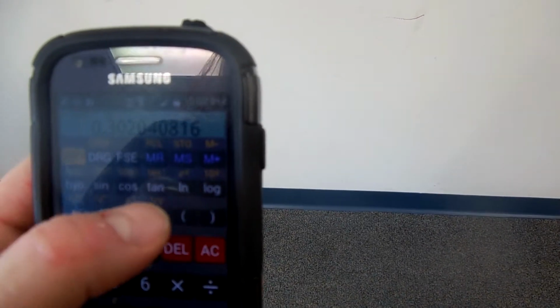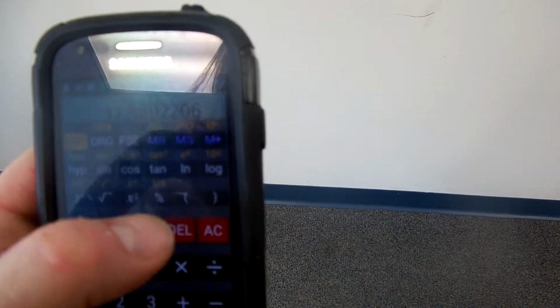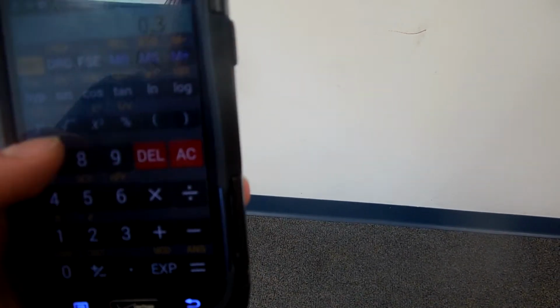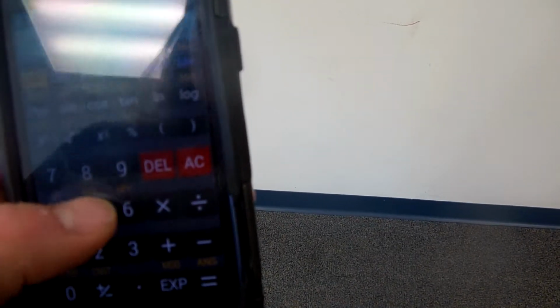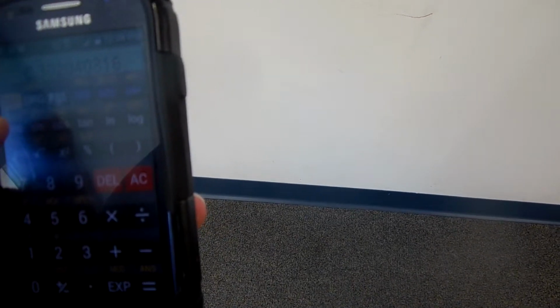I want the inverse sine of it. Does my phone do that? Yeah, that didn't work. 0.37 divided by 1.225. Is that second sine? Oh, good.